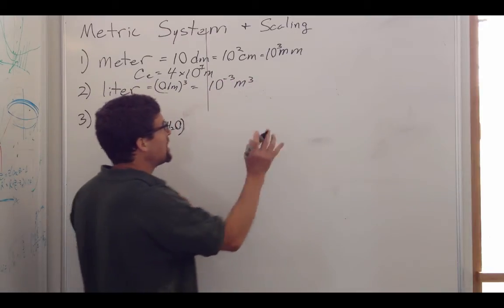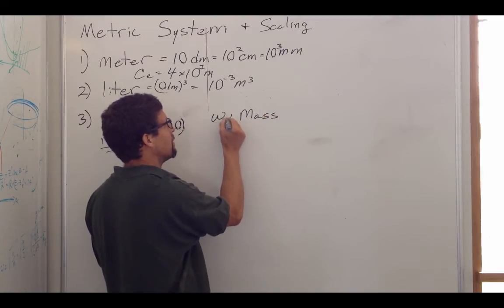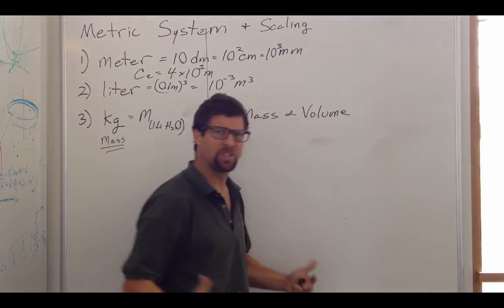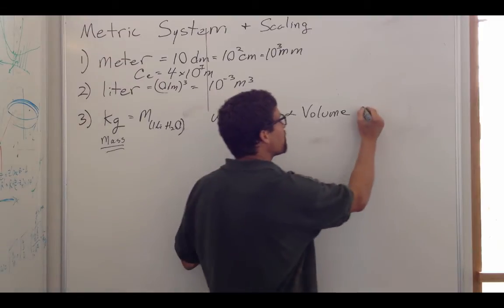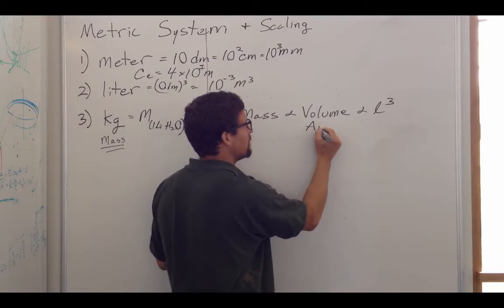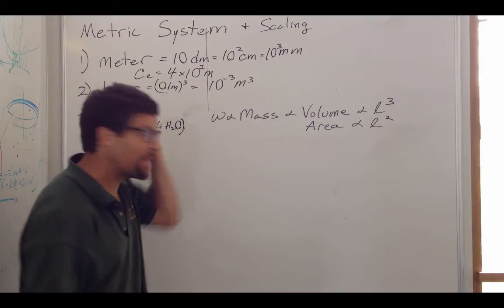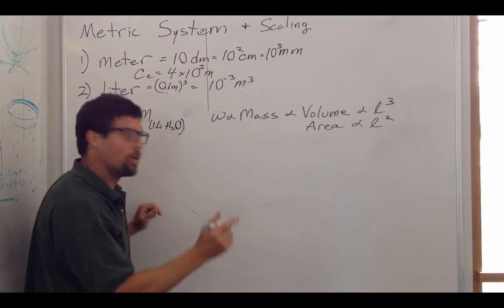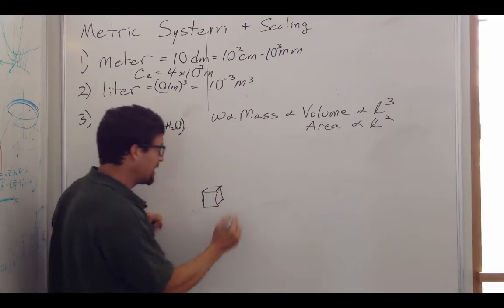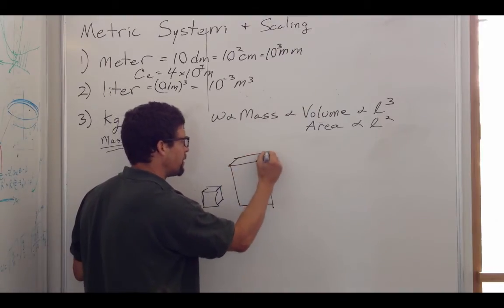Okay, so what we see is that mass, and therefore your weight, is proportional to volume, how much substance you have, how much water we have, and that's proportional to length cubed. But your surface area is proportional to length squared. Why is this important? Because if we look at two animals, so we have animal A, looks like this, and animal B is twice the size of animal A, twice as high, and twice as deep.